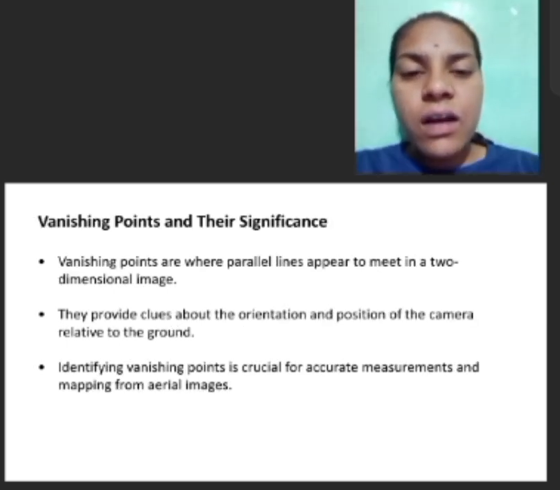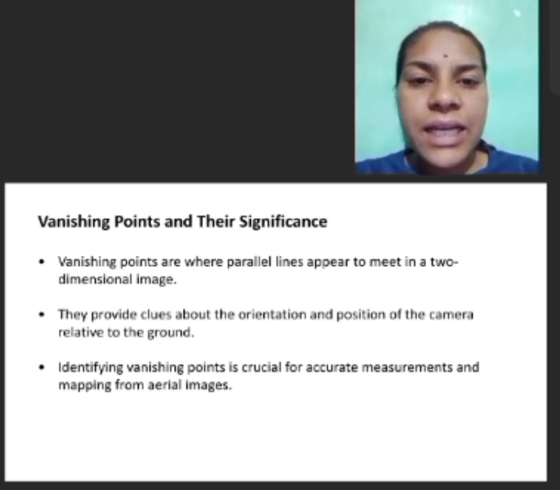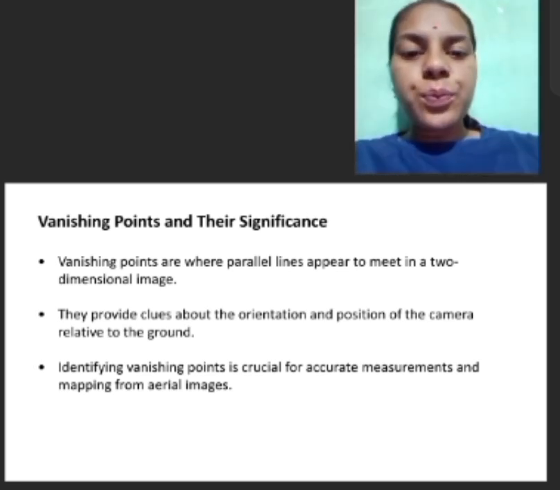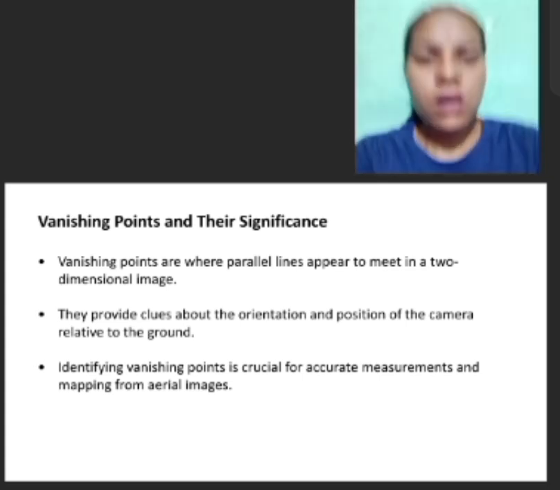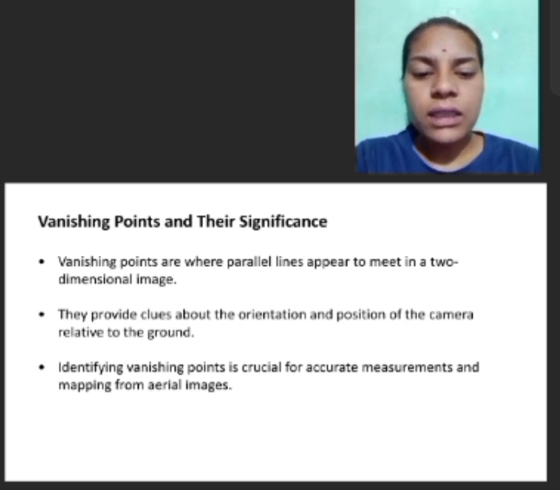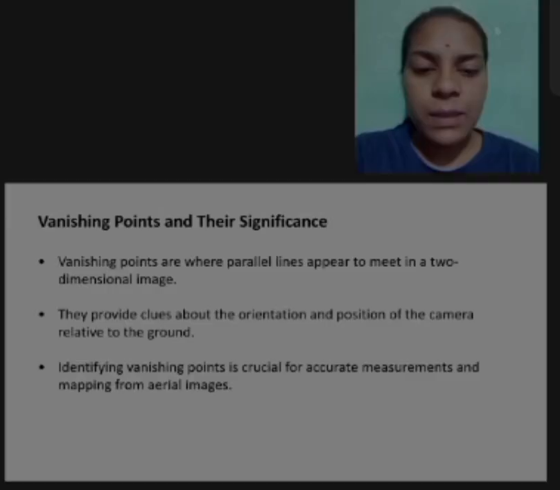In this slide, I explain vanishing points and their significance. Vanishing points are where parallel lines appear to meet in a two-dimensional image.